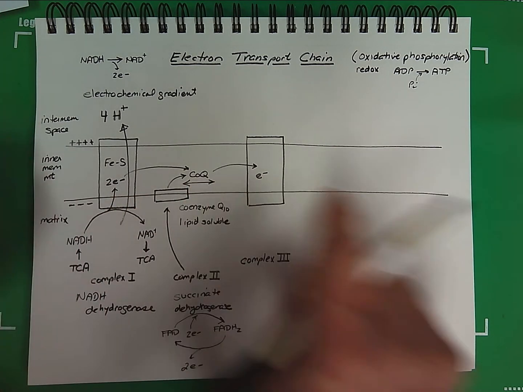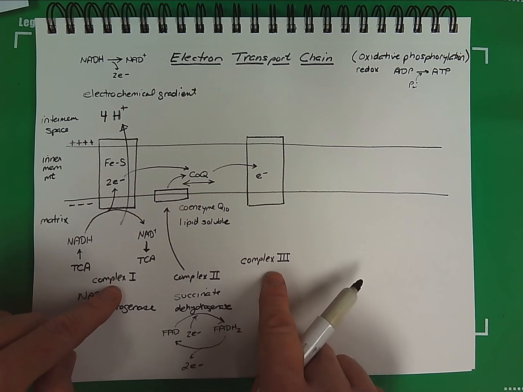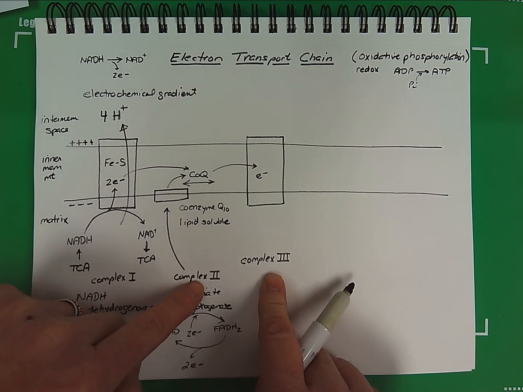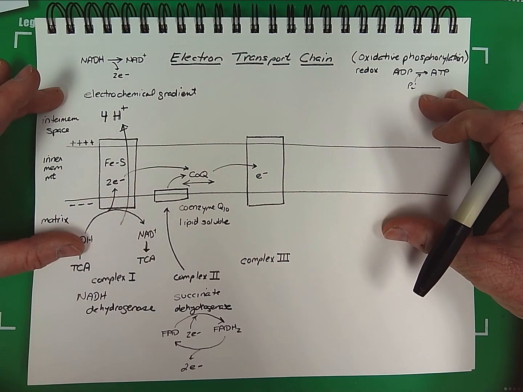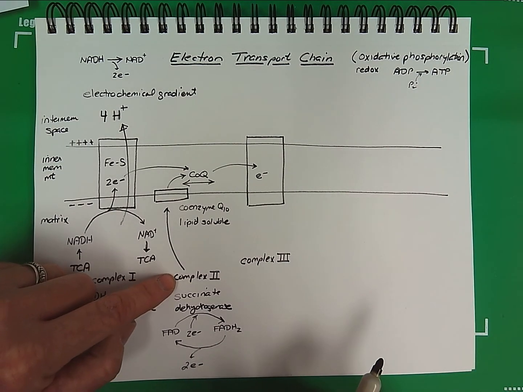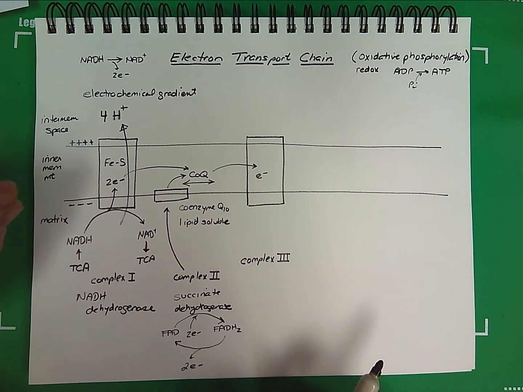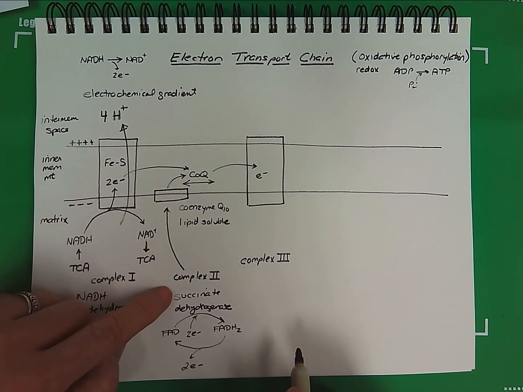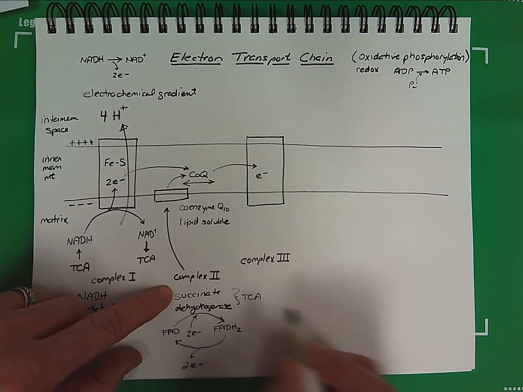You need CoQ to mediate the transfer of these electrons between complex 1 and 3. Likewise with complex 2. Complex 2 was purified and identified as part of this chain, and so it received this name, complex 2, but it actually is not part of the electron chain directly. It's indirectly associated through the TCA enzyme, succinate dehydrogenase.